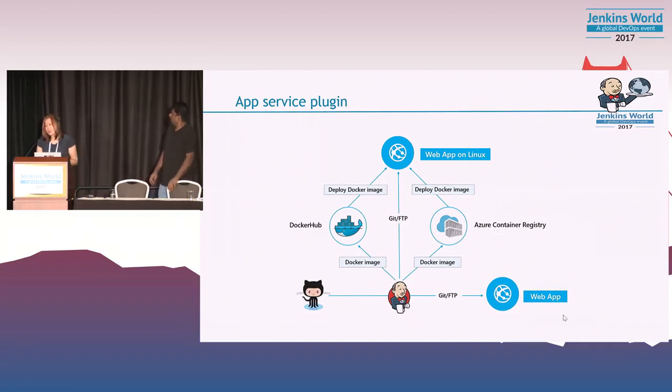So just to provide a high-level overview of the plugin, you can deploy any web app written in all the languages supported by app service, like PHP, Java, etc. For app service on Linux, you can use Git or FTP to upload your build artifact. But for the app service plugin, we support an additional way to deploy, which is via Docker.